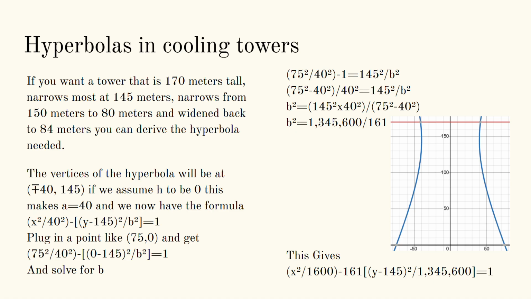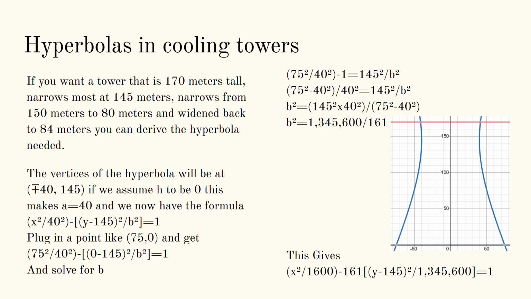So first we will move our y term to the right and bring our 1 over to the left to give us a new equation of 75 squared divided by 40 squared minus 1 equals 145 squared divided by b squared. We're going to bring that 1 inside of the x terms by setting it equal to 40 squared over 40 squared.